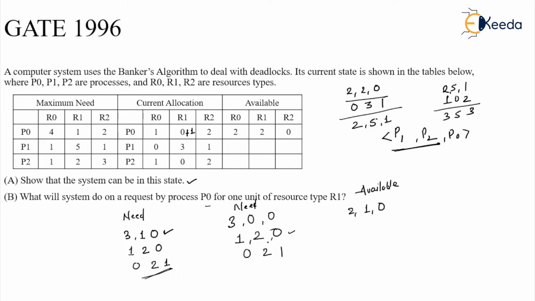Previously P1 was satisfied because it needed 120 and the availability was 220, but now availability is 210, and I can't satisfy either request in this case. So you cannot satisfy any request if one more resource is allocated to P0. Any request will not be satisfied.